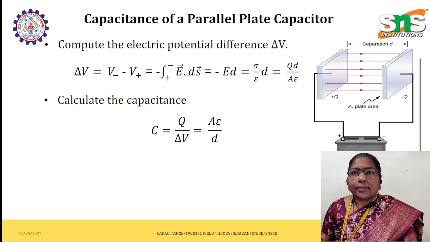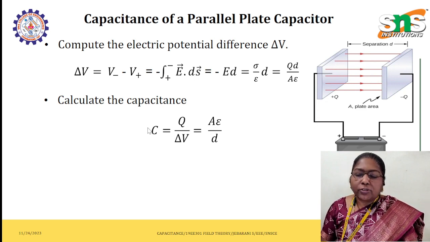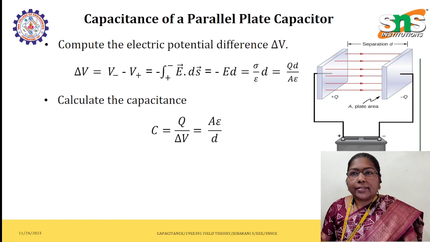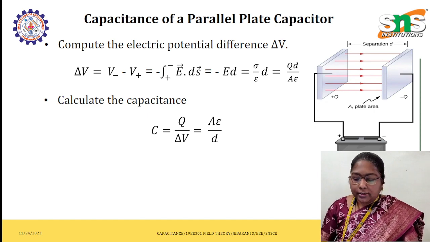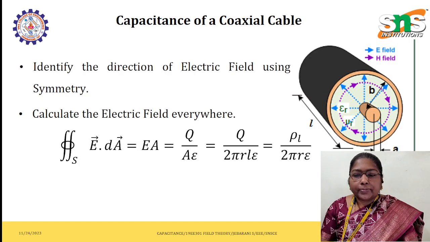And the fourth step, when you calculate the capacitance, it is going to be Q divided by delta V. So the value of capacitance will depend upon the area of the plates, the nature of the dielectric medium, and the distance of separation between the electrodes.